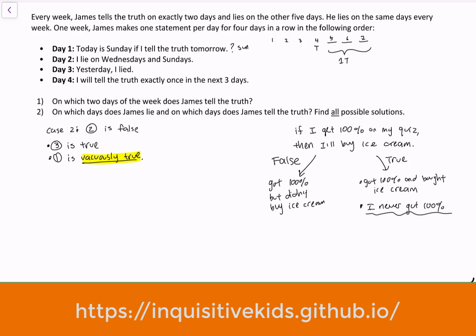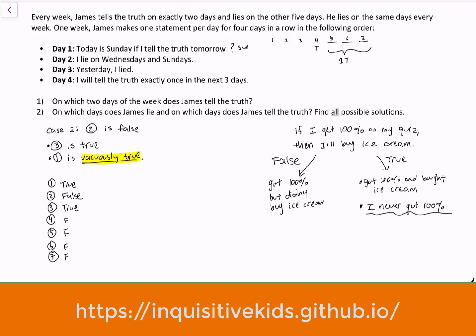Now we have day 1 and day 3 both being true. And because out of the 7 days of the week we only have 2 true days in total, day 1 and day 3 are our only true days. So day 1 is true, day 2 is false, day 3 is true, the rest are false.